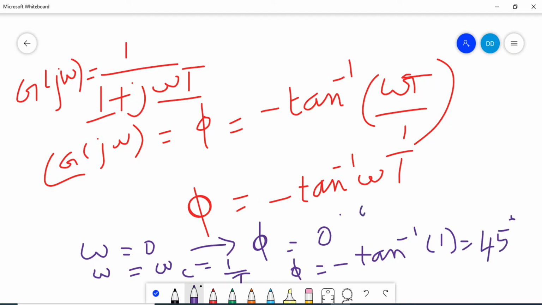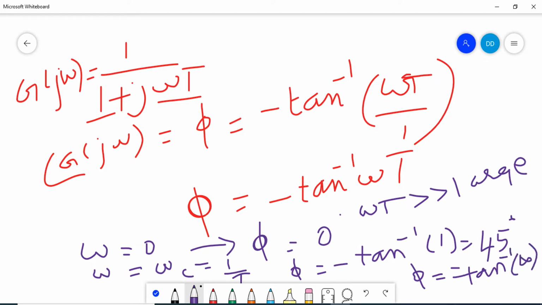Likewise, if we consider very high frequencies, that means omega t is very large, then phi is minus tan inverse infinity, which is minus 90 degree. So we will have a phase curve which passes through minus 45 degree at the corner frequency, which is omega c. So we will draw the phase angle plot for this.